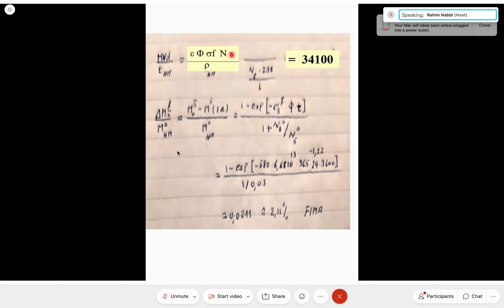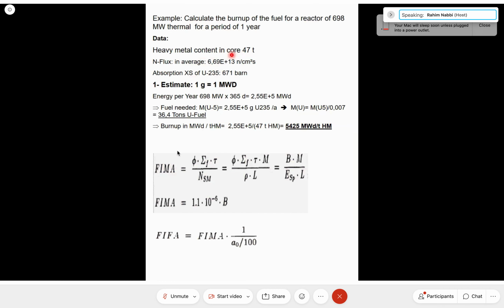That is an estimate value. For this reason, as I said before, this number here, the relationship between B and FEMA in megawatt day per ton, is just a very simple one. It is not all the time the same.